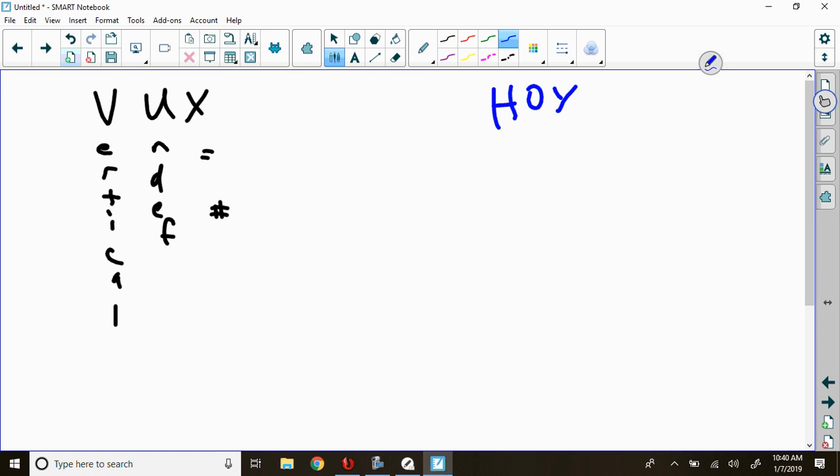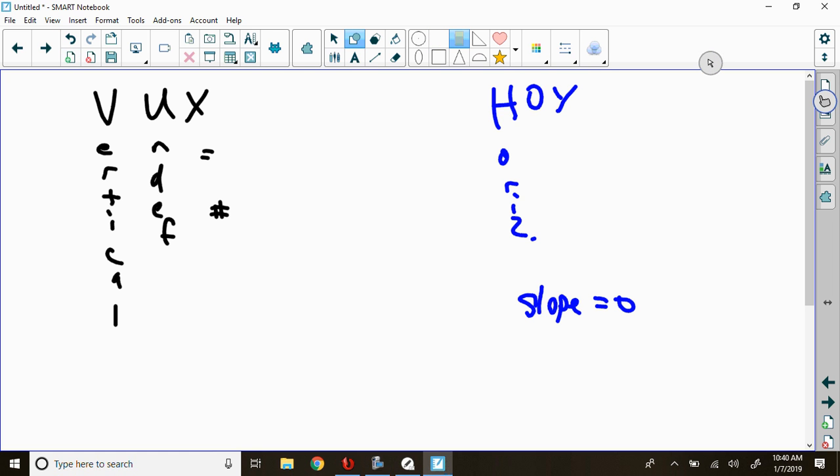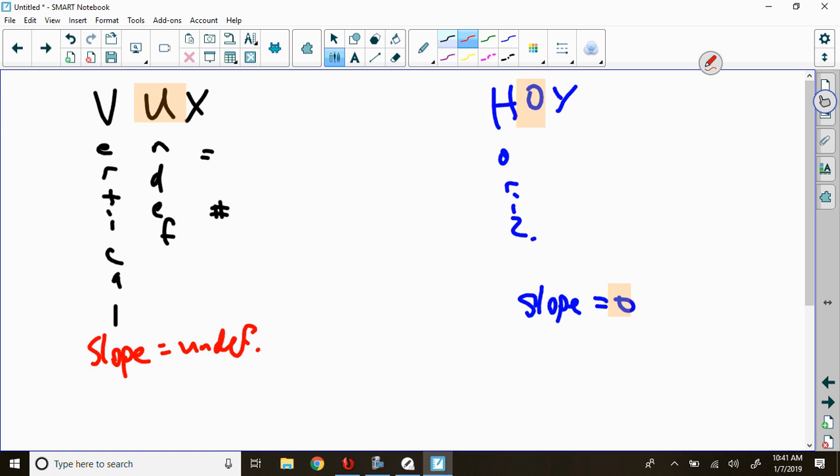On the other hand, horizontal lines have a slope of 0. This is really a 0 because their slope is 0. The U means that the slope of a vertical line is undefined. That's what that U indicates, all right?